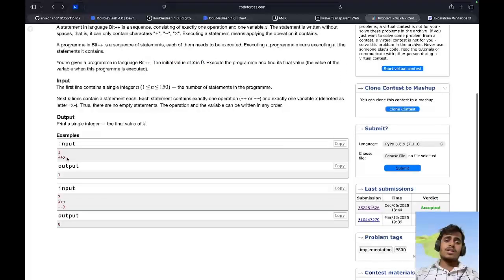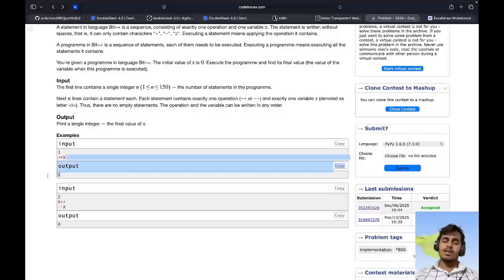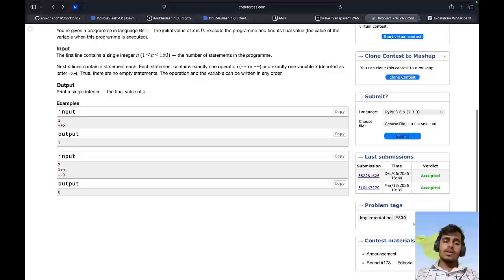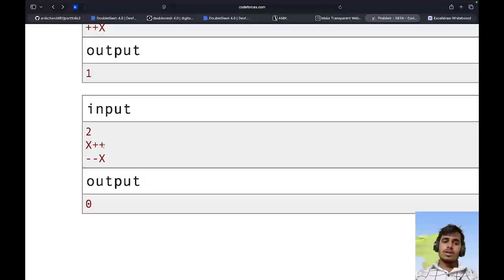After the execution of plus plus x, you get 0 plus 1, that is 1, and you get the answer as 1. In this other case, the initial value is 0. 0 plus plus means 1. Minus minus means 0. So one time plus and one time minus is also 0.